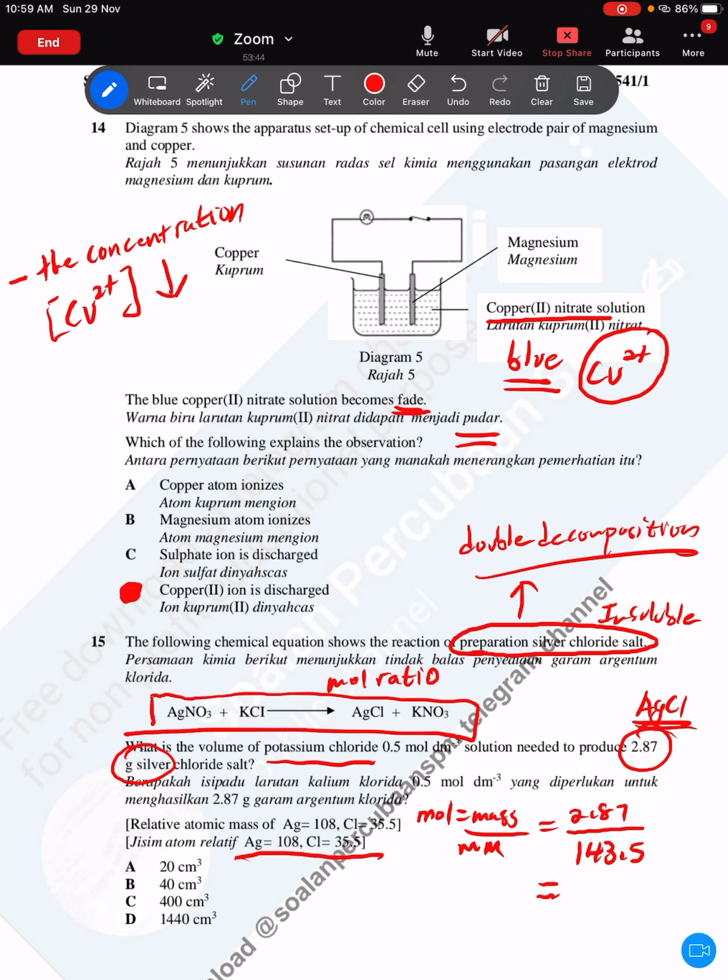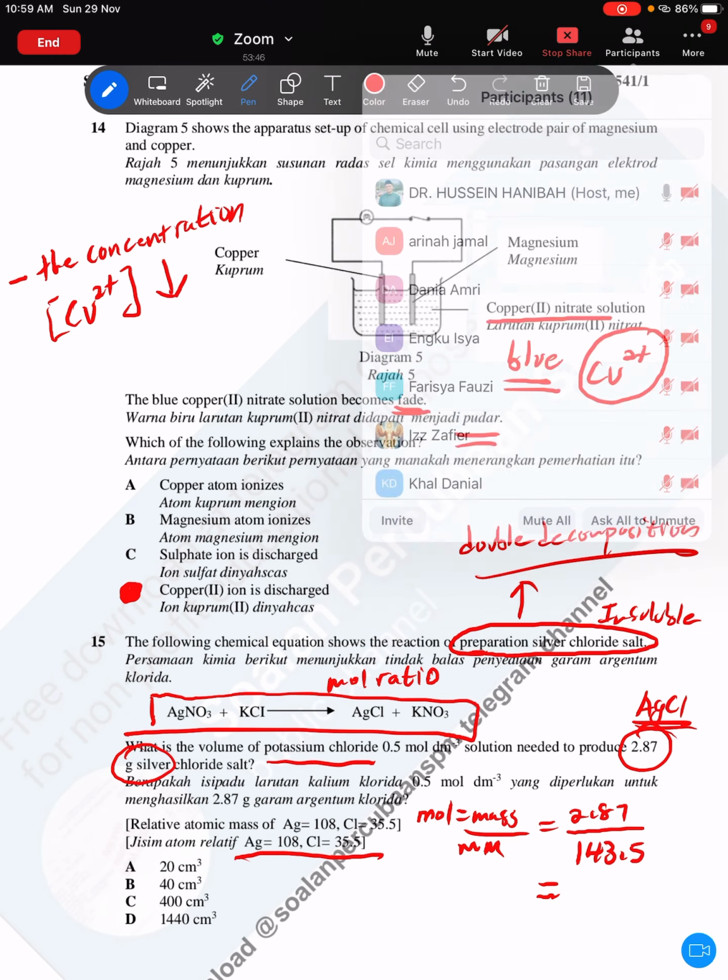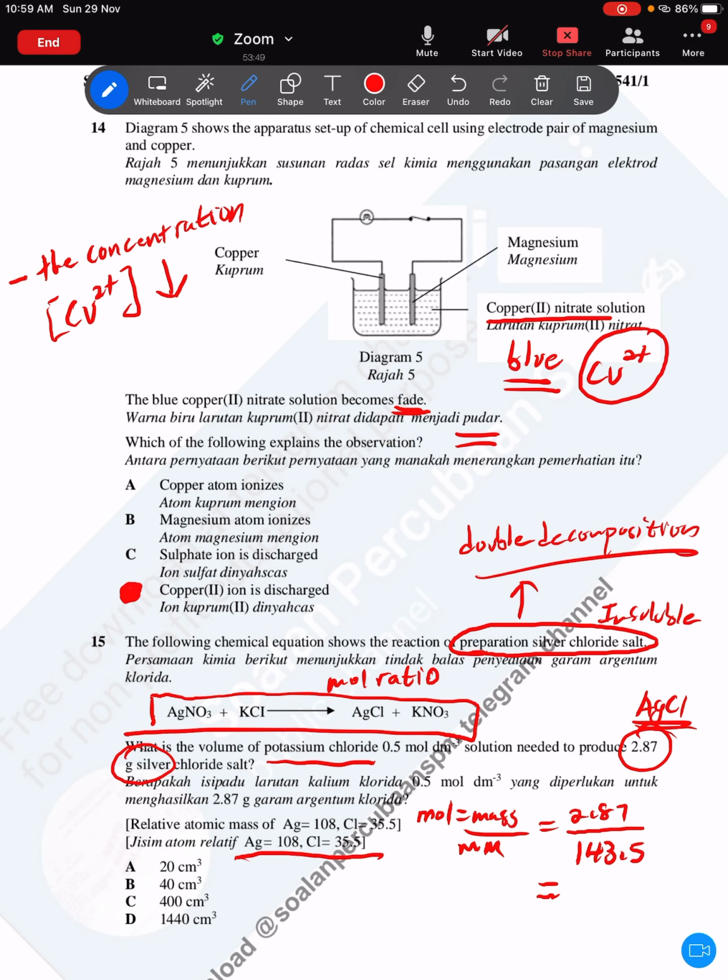So, what is the mole? 0.02 mole. Okay, very good. Now, what is the ratio between silver chloride and potassium chloride? Therefore, if silver chloride is 0.02, automatically the potassium chloride will be 0.02.